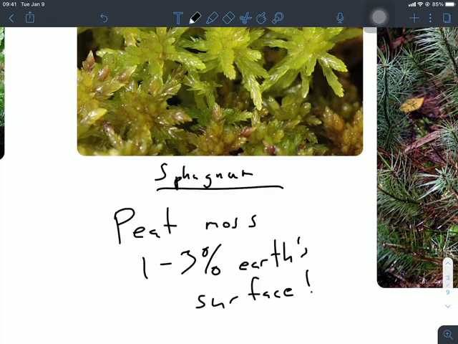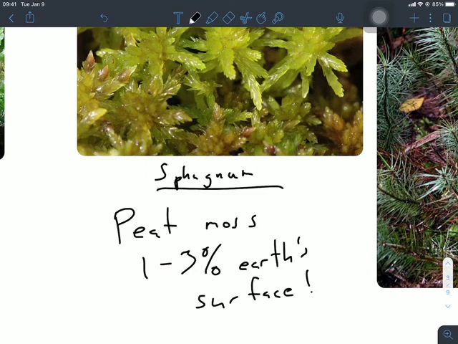Peat bogs are largely found in cold environments, like the tundras, and occupy a very important ecological niche for our planet.